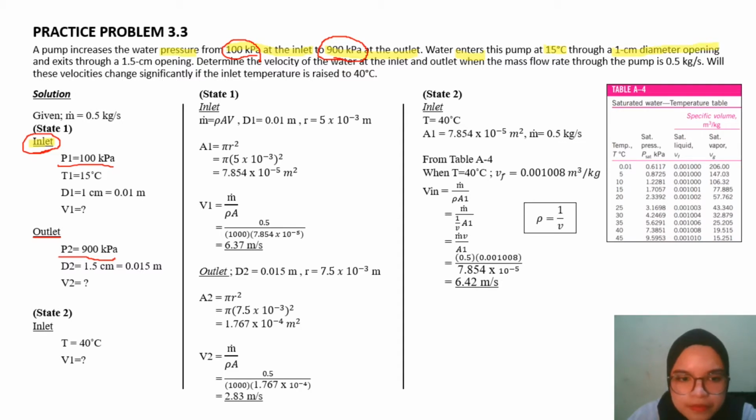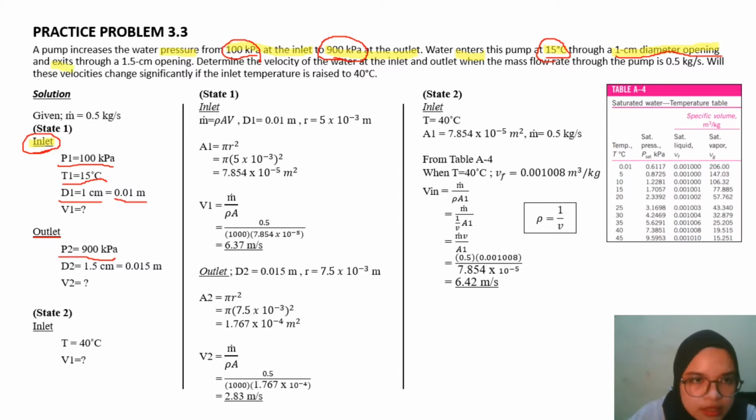Here we take this 15 degrees Celsius as the temperature, which I state as T1, and also the 1 centimeter diameter opening is D1, 1 centimeter, which we have to convert to 0.01 meter, because we have to use meters in our calculation later.